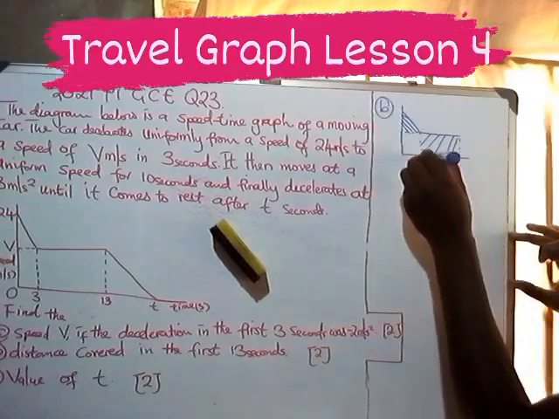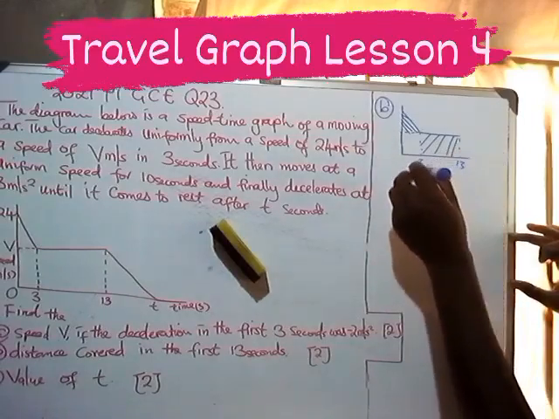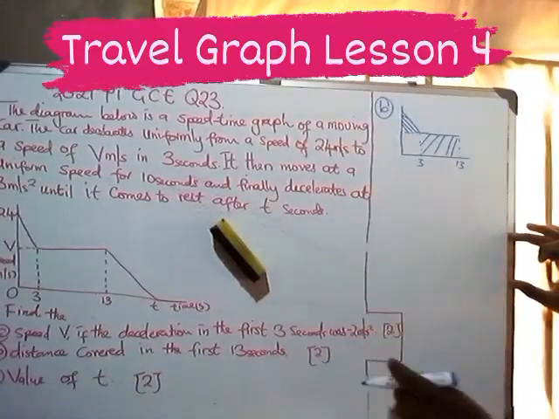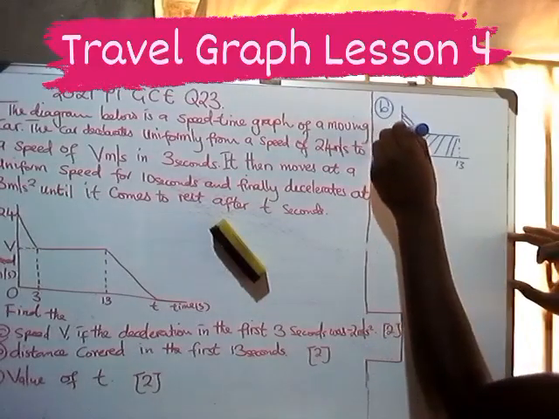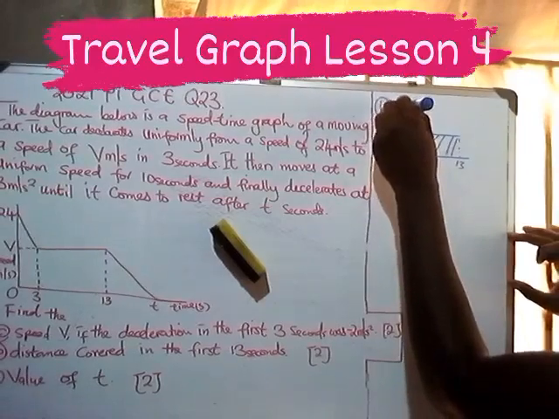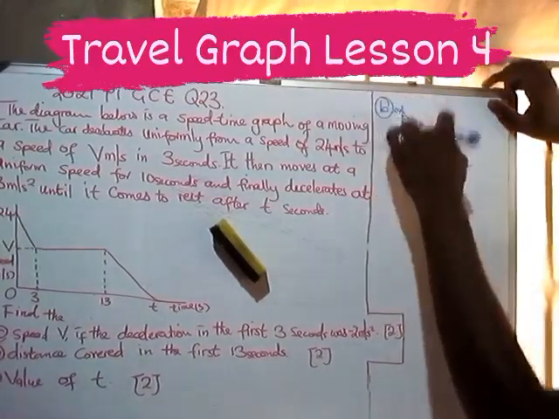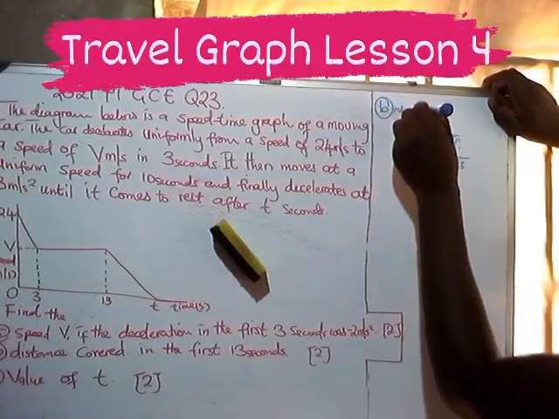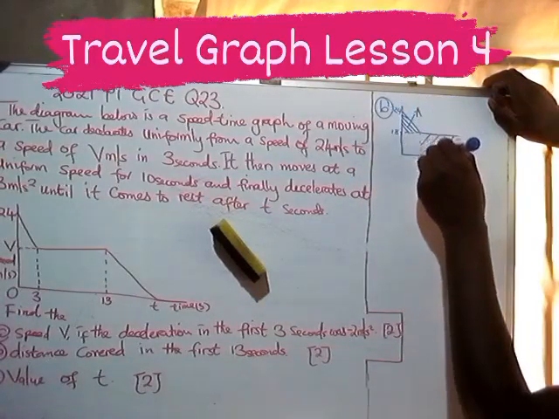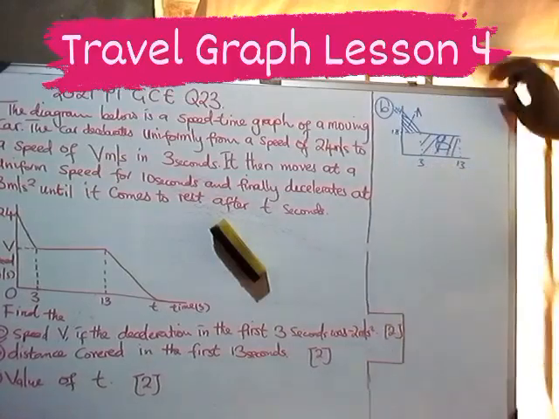This one we have a 3, this one we have a 13. This one we have just found to be 18, then this one is 24. So to find the area, I will name this part A, then this one here I will name as part B.